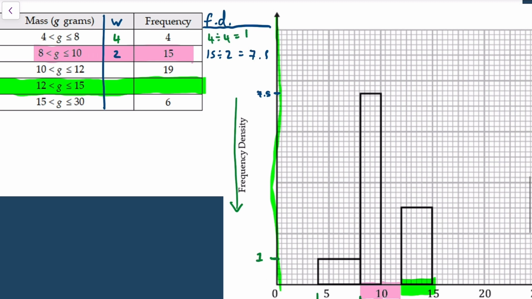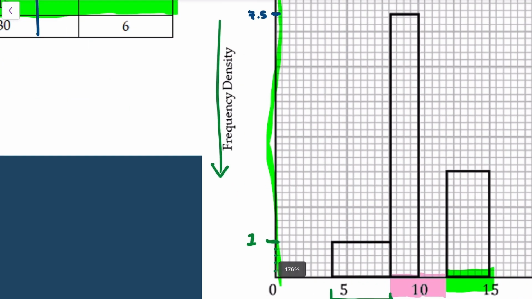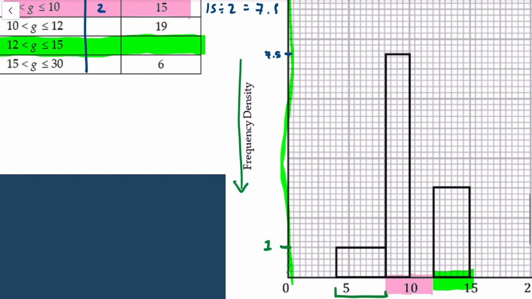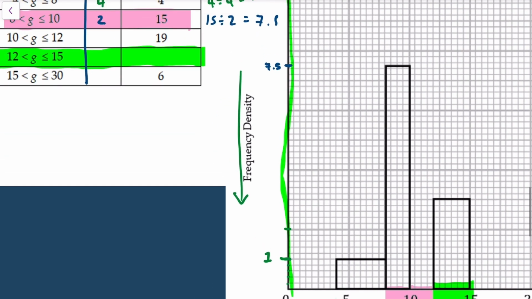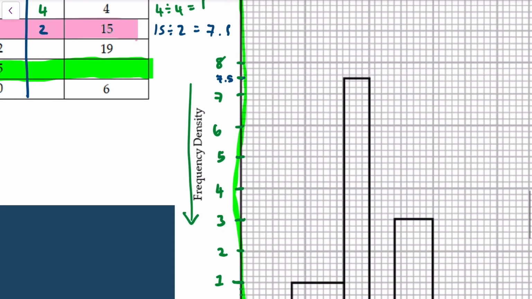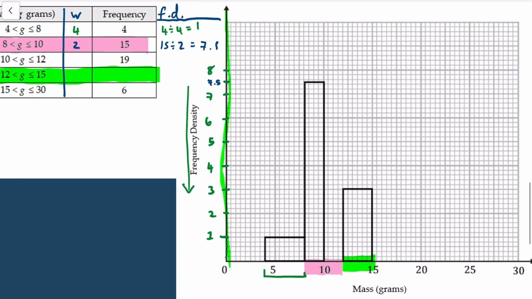So now I know that goes up to 1, which means 1, 2, 3, 4, 5 little squares represents 1 unit increment. So that's got to be 2, that's got to be 3, that's got to be 4, got to be 5, got to be 6, 7, and 8. Okay, and that makes sense there. That matches up with 7.5 being right in the middle there.